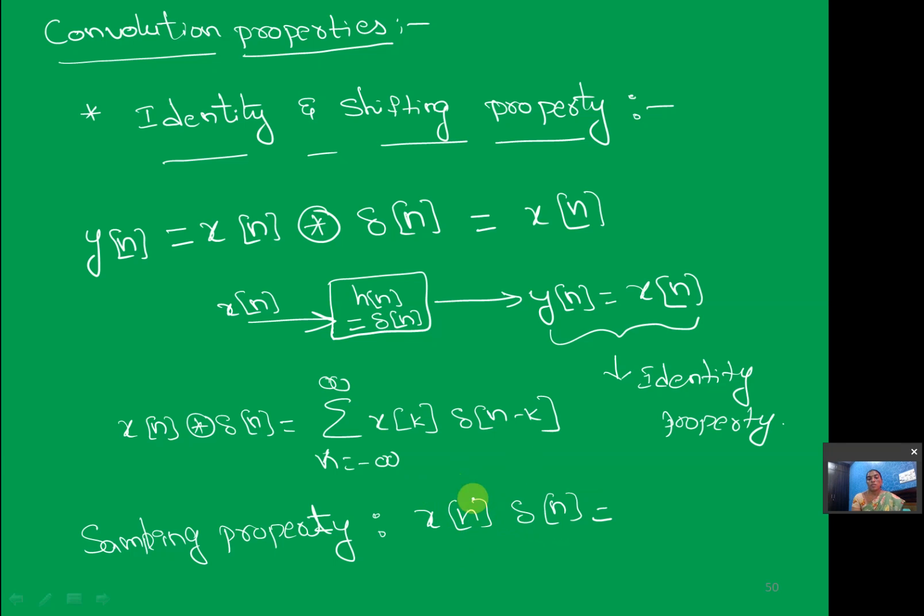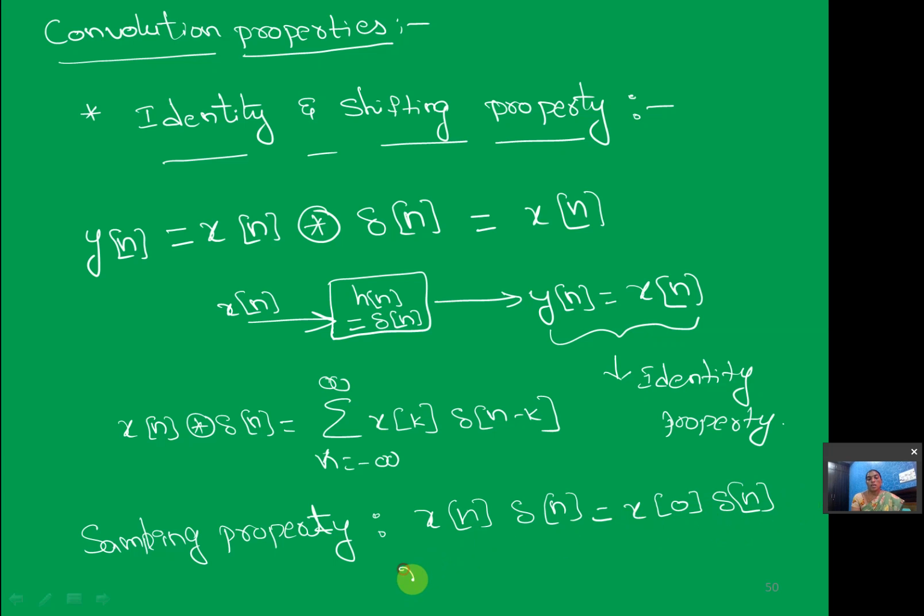That means x of n at n is equal to 0, the x of 0 value, will appear here. So x of 0 is the only amplitude. To represent that, we should place x of 0 into del of n.